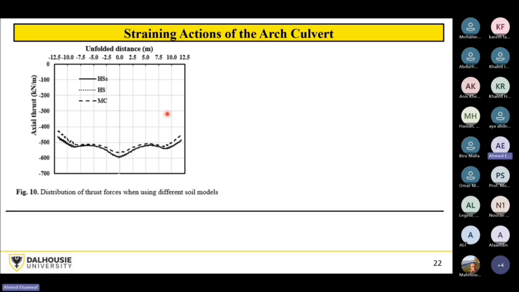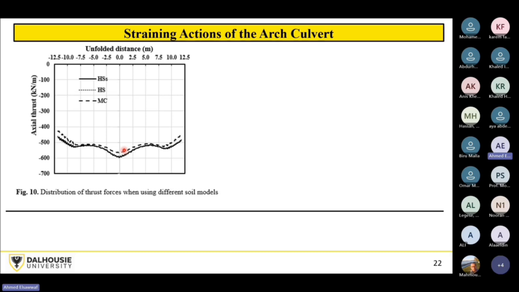Okay, the final results here are about the axial thrust, which is used to design the corrugation and to select the corrugation profile. So along the unfolded distance, the HS and the HSS models are giving very close estimates, but the Moore column model is underestimating the thrust force.